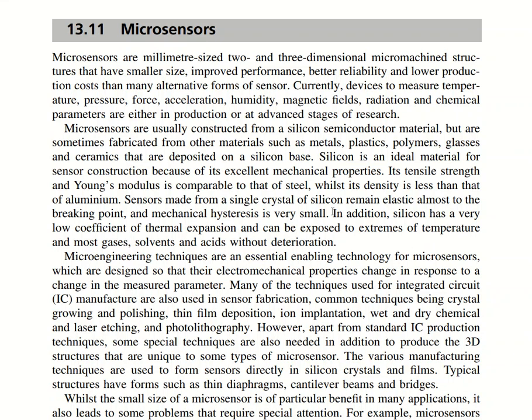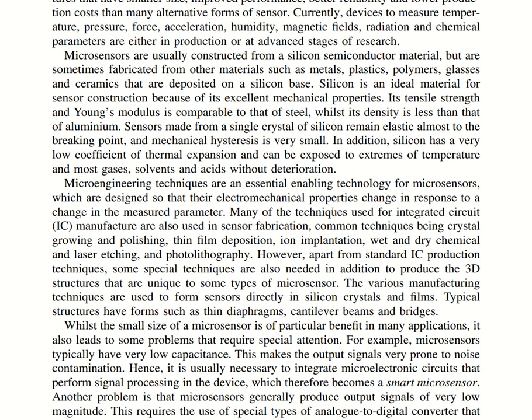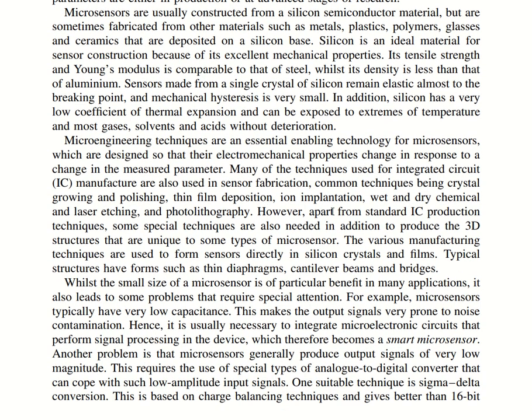In addition, silicon has a very low coefficient of thermal expansion and can be exposed to extremes of temperature and most gases, solvents and acids without deterioration. So these micro engineering techniques are essentially enabling the technology for microsensors, which are designed so that the electromechanical properties change in response to the change in the measured parameters.